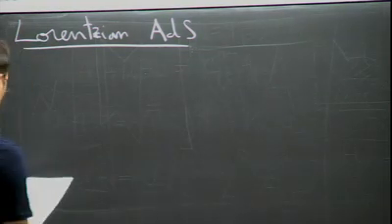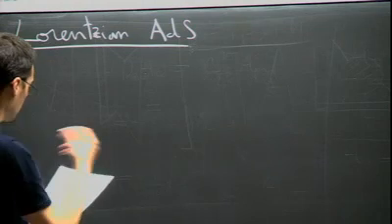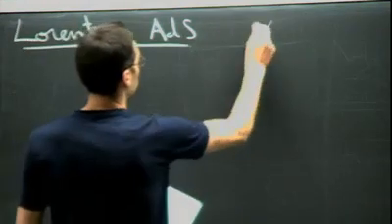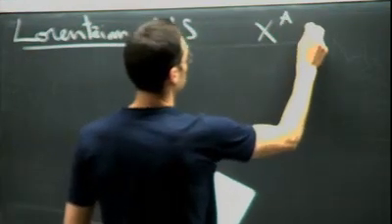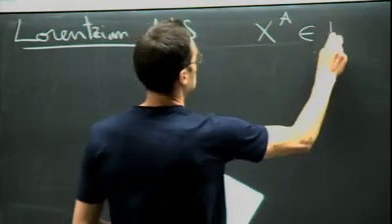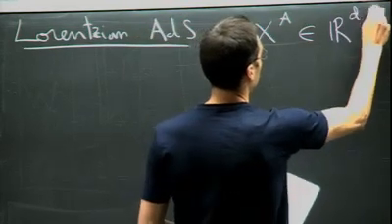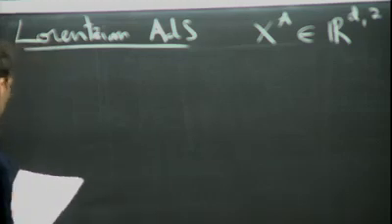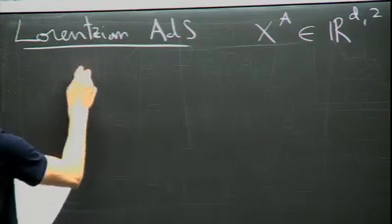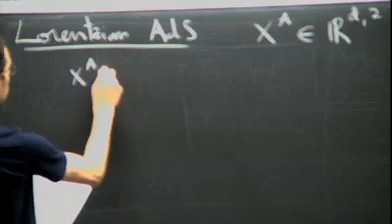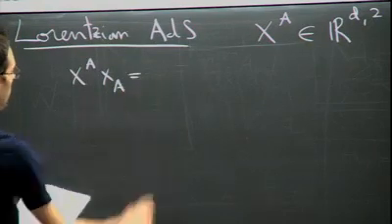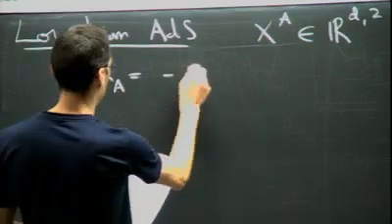So what is Lorentzian AdS? Now we change the signature. So this embedding space is going to have 2 times. So it's R^(d,2). But we still impose the same constraint, x squared, if you want, which now... okay.